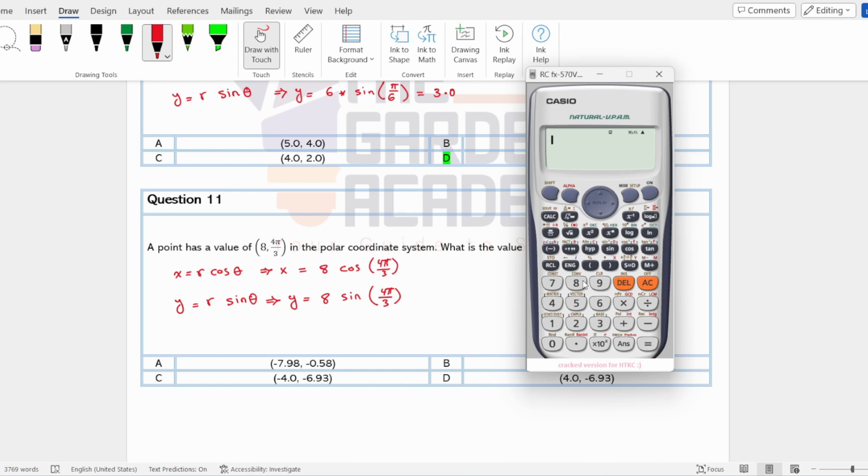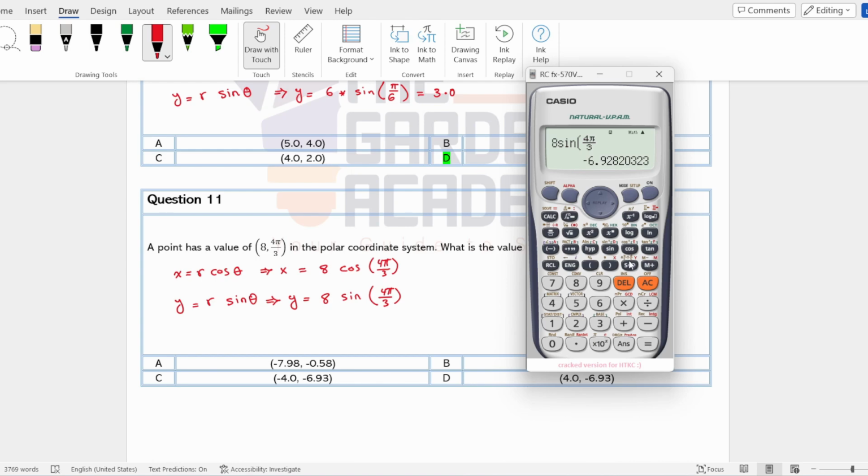In the same way, you will say 8 cosine 4 pi over 3, and the answer comes out -4. This is for the first one. The second one we will say 8 times sine 4 pi over 3, which is also -6.92.